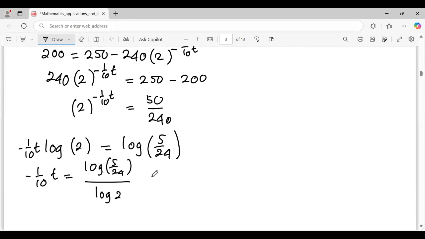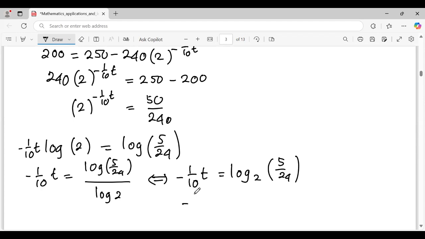And this is equivalent to minus 110t equals log base 2 of 5 over 24, like this.